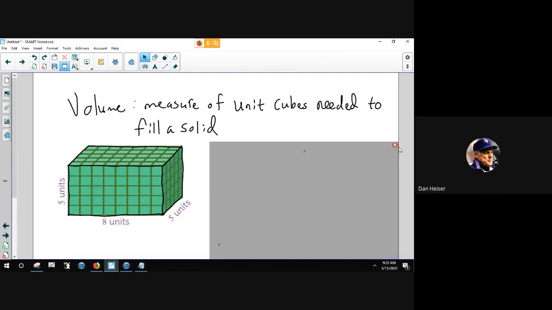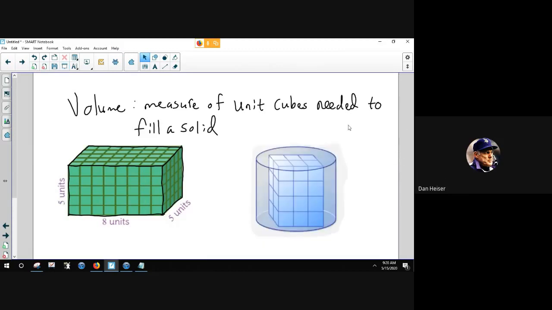And just like with area, when unit squares didn't always work out perfectly, the same thing happens here. We can't fill this cylinder exactly with unit cubes. We're either going to be short or we're going to be over.